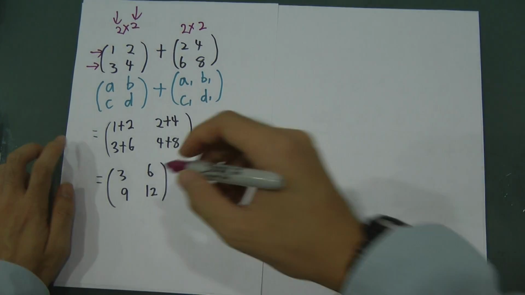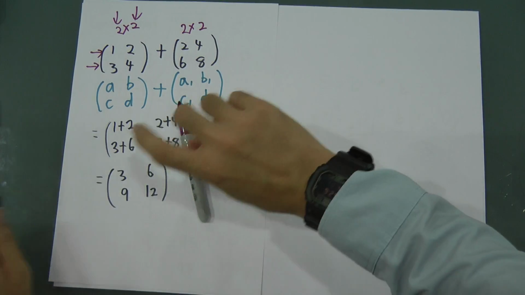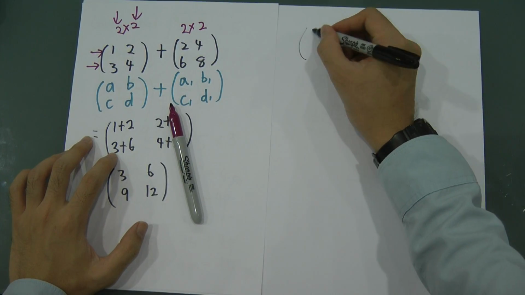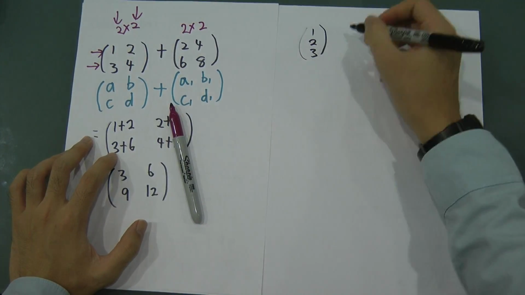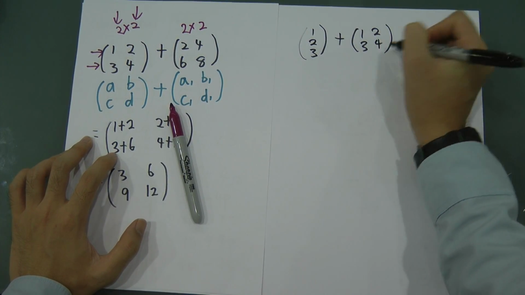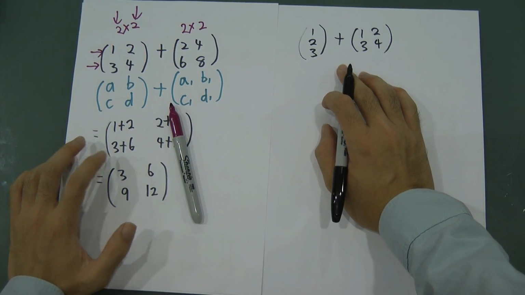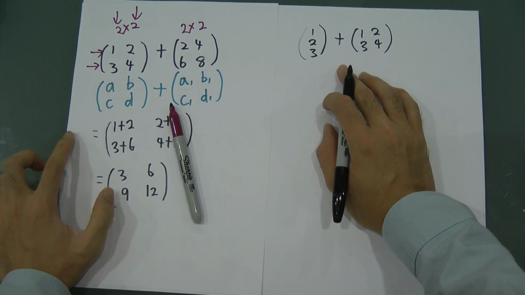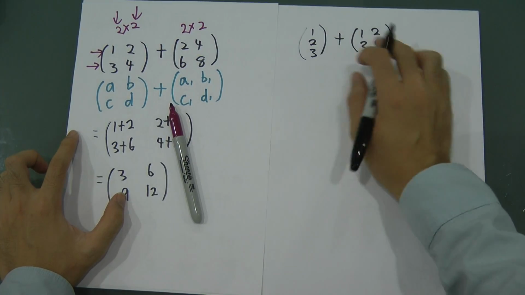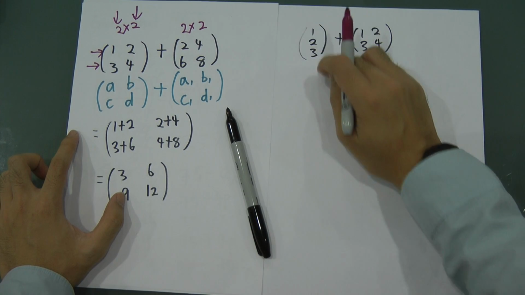So for example, let's say I have something like this, 1, 2, 3. Can I plus with this one, 1, 2, 3, 4? We cannot solve this kind of equation. Why? Because both of these matrices have different orders. What is the order for this matrix?